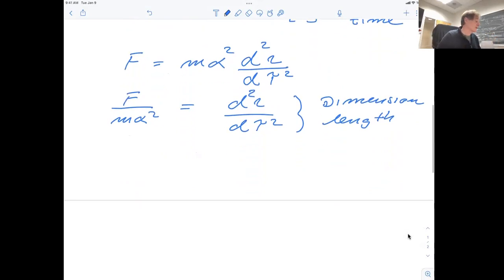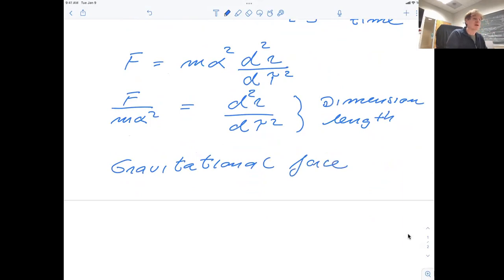So just to give you an example, think of the gravitational force between two objects, object 1 and object 2. This is a force which is a function, and now we're putting a vector sign here, of R1, the position of object 1, and the position of object 2.